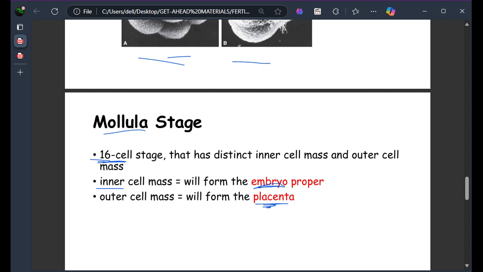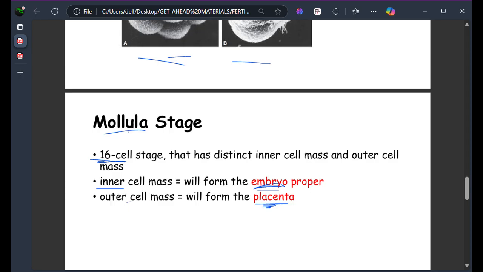We'll have some cells that are on the outer cell mass and some cells that are on the inner cell mass. Those that are on the inner cell mass will make the embryo proper, and those on the outer cell mass will form the placenta.